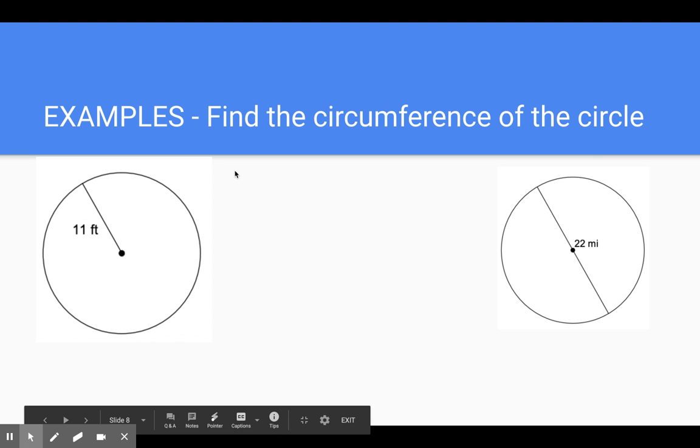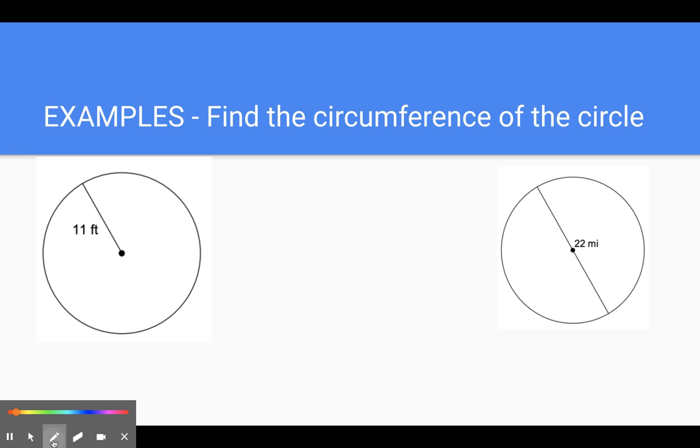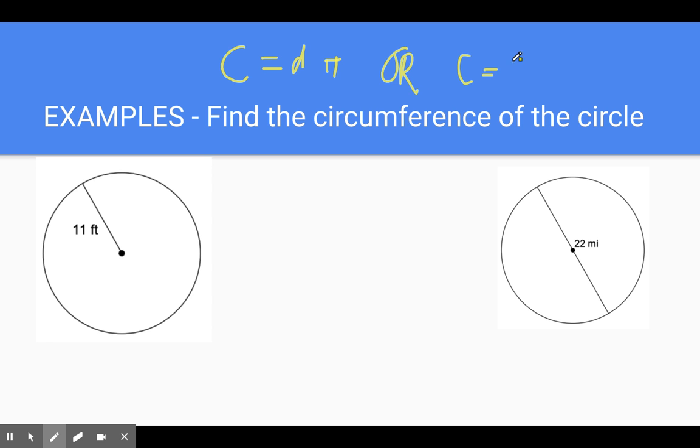Okay, some examples. Find the circumference of the circle. Remember circumference: the circumference can either be diameter times pi, or the circumference can be 2 times the radius times pi. So if this one here is giving us 11, that is a radius.